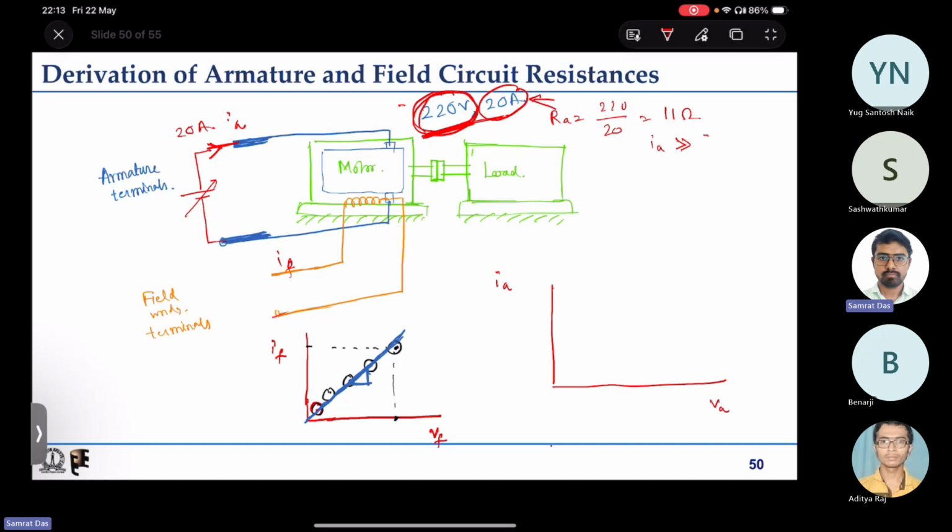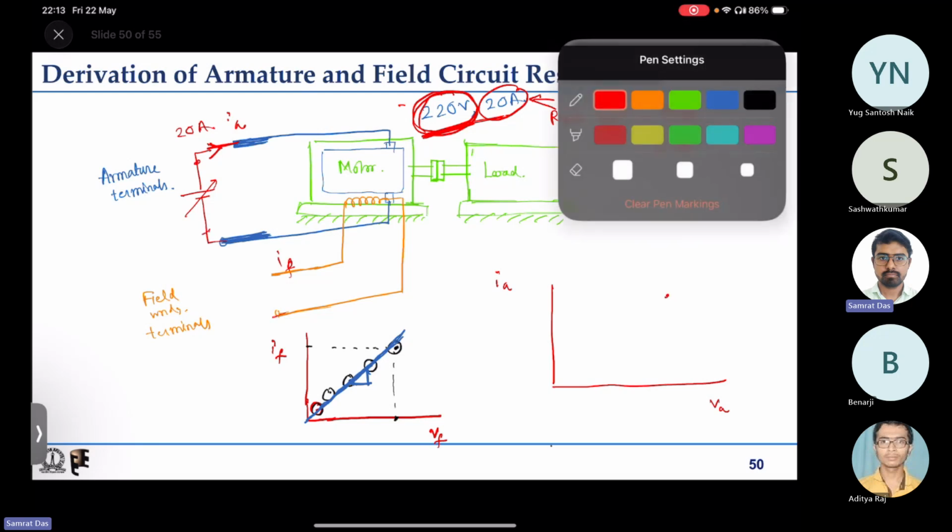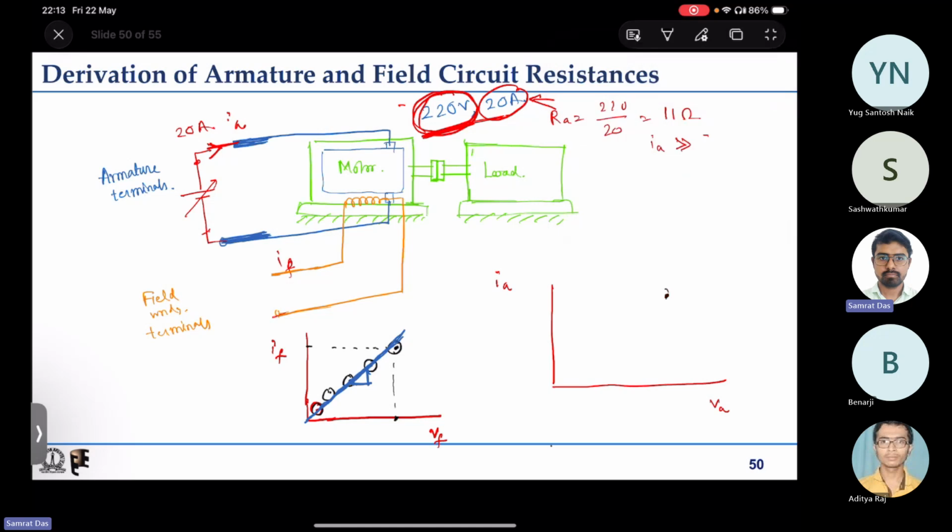After that, you measure the voltage you have applied and the current that is flowing. You take the first experimental point, then you reduce the voltage by some amount, measure the current, and reduce the voltage again, taking multiple readings.